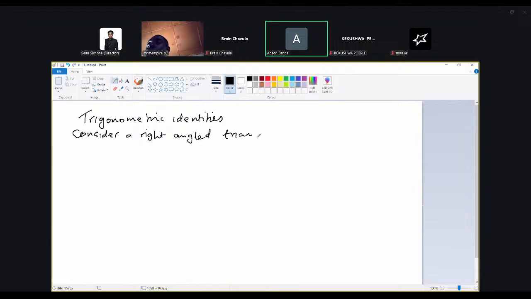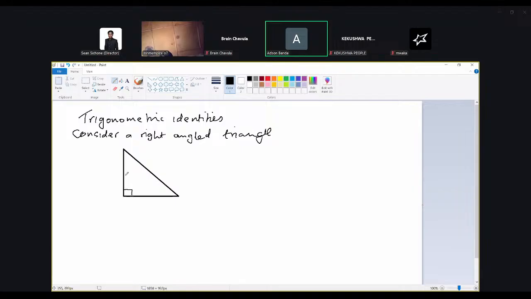Right, so we'll start with a right-angled triangle. Let me just draw it here. So consider this right-angled triangle.